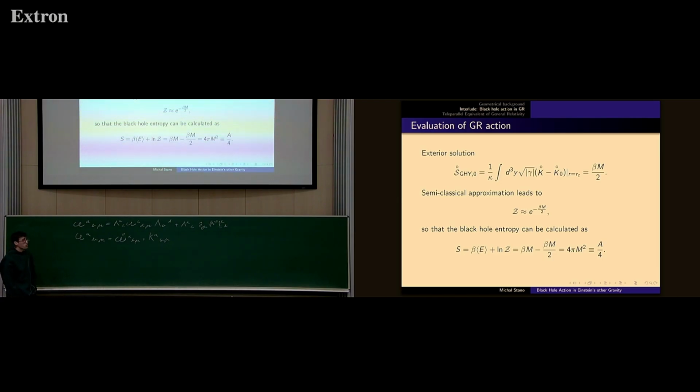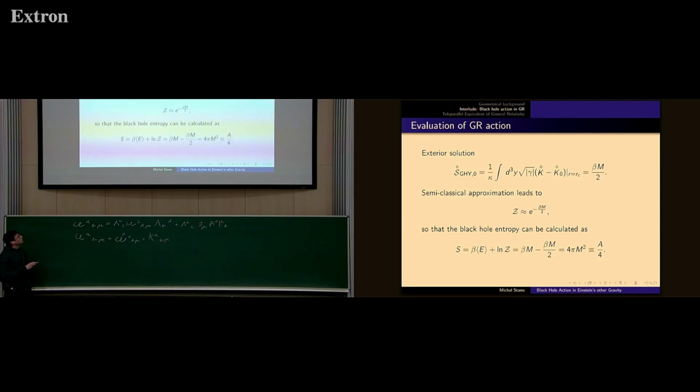Okay, so from the knowledge of the Euclidean GR action, we can then go on and specify the value of the partition function following the semi-classical approximation. And from that, we can finally specify the entropy for the black hole, which is given in terms of the free energy plus the logarithm of the partition function.